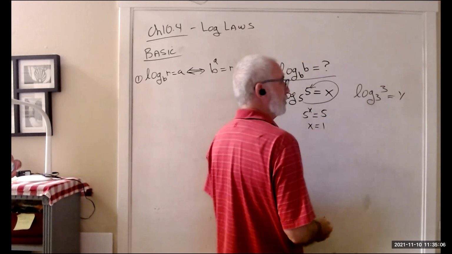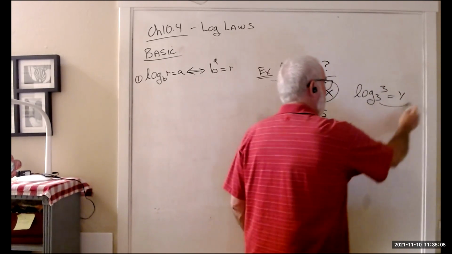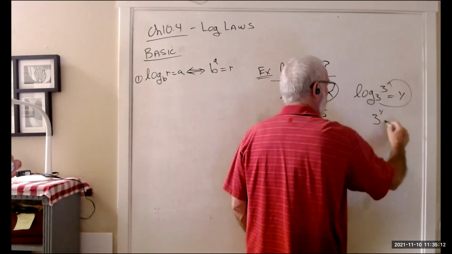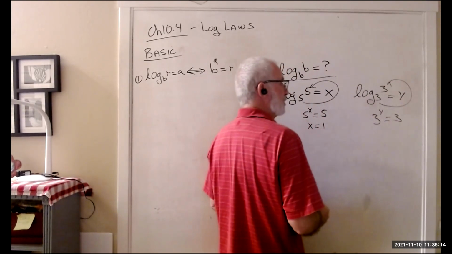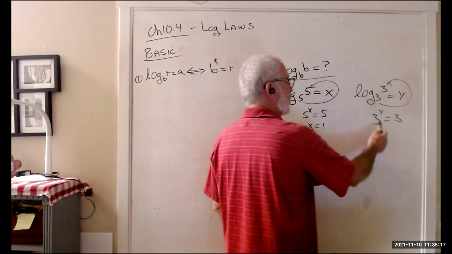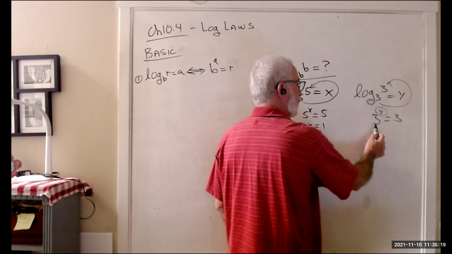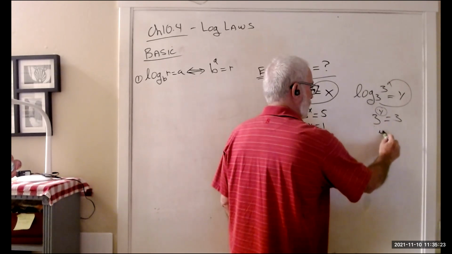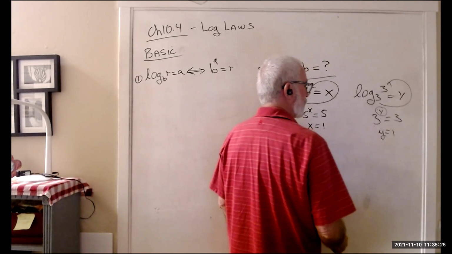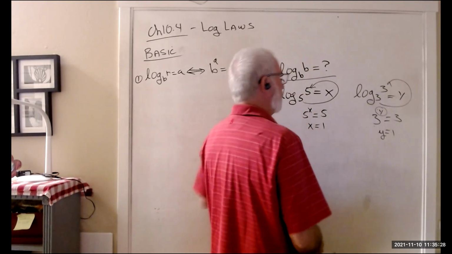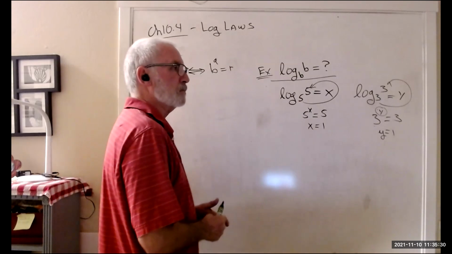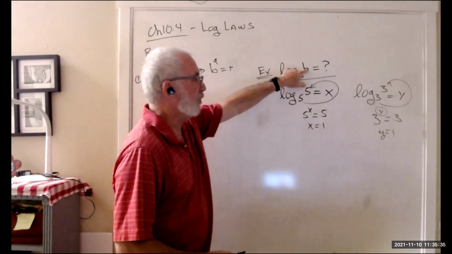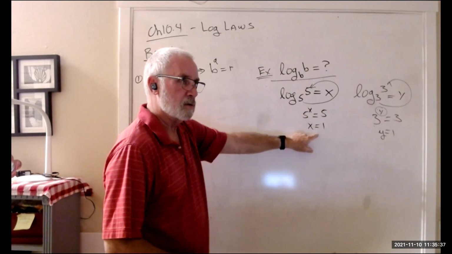So apply the Brabar rule: 3 to the y equals 3. What's the only thing y can be so that 3 to the y is 3? It can only be 1. So based upon the examples, log base b of b is always 1.